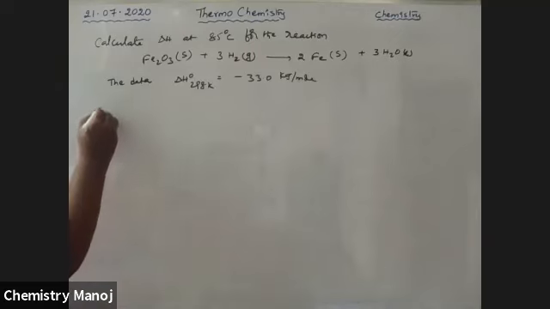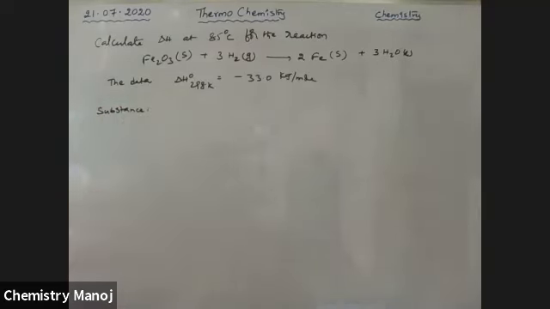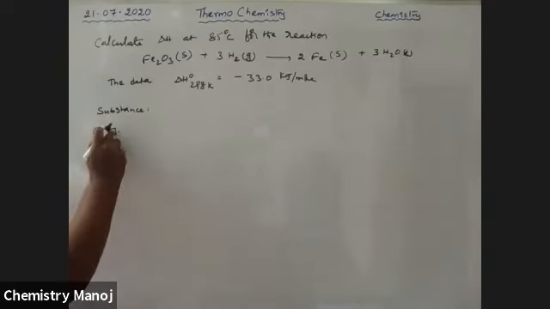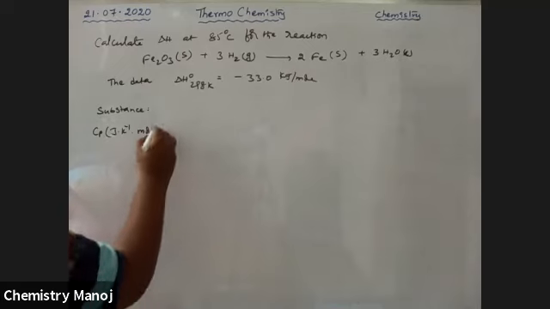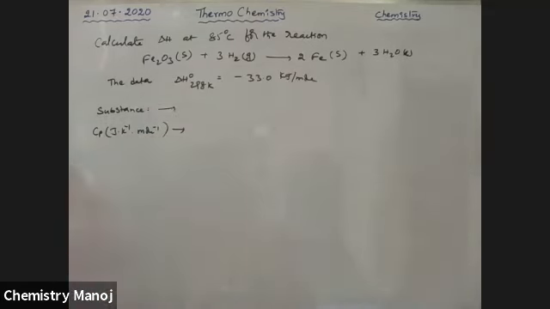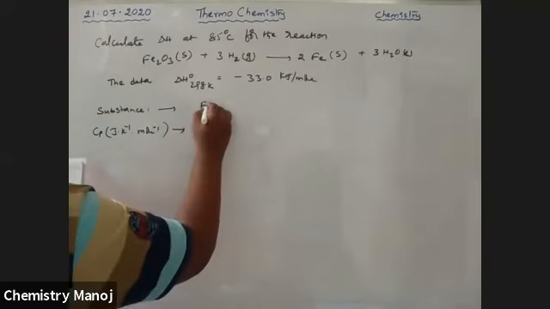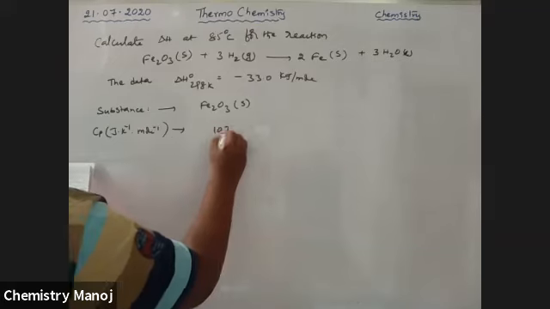So something is given to you: substance and Cp value in joule Kelvin inverse mole inverse. Fe2O3 solid, its Cp value is 103.